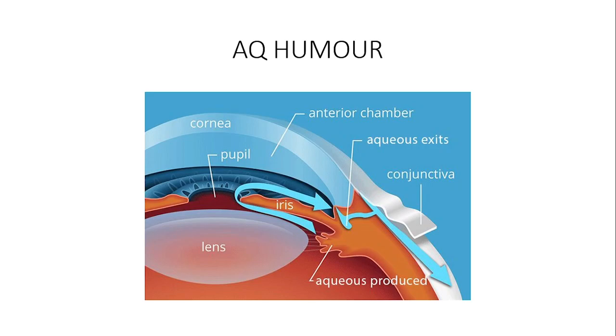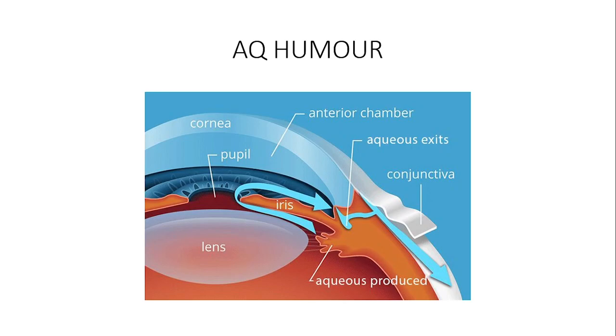The rate of production of the humor is 3 microliters per minute. For your information, 1 million microliters is equal to 1 liter. So when I talk about 3 microliters, what it means is that if you have 1 million units of aqueous humor, 3 of them makes what? 3 microliters.